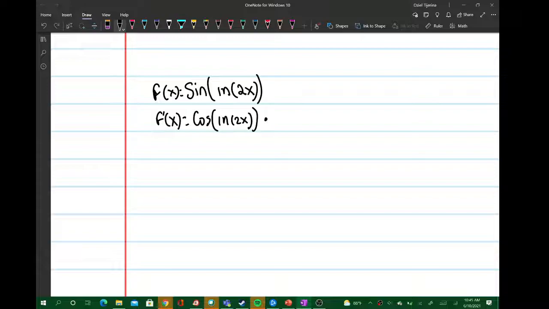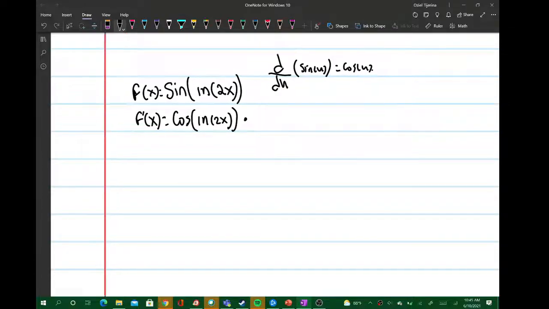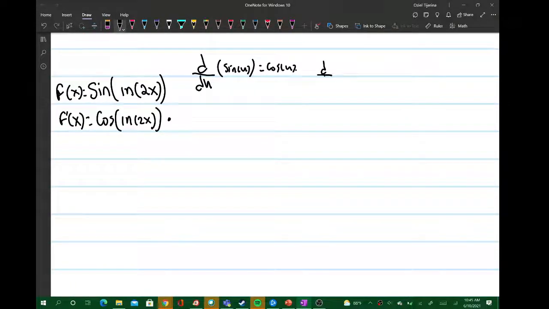Well, that is the ln of something. So let me write this down. d du of sine of u is just cosine of u. And d du of ln of u is just 1 over u.